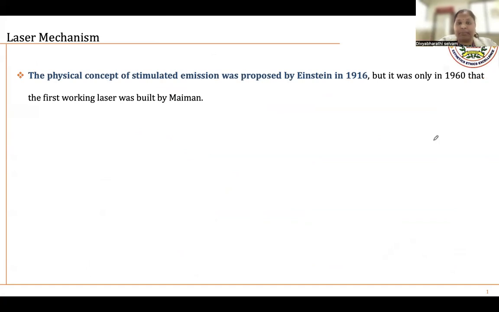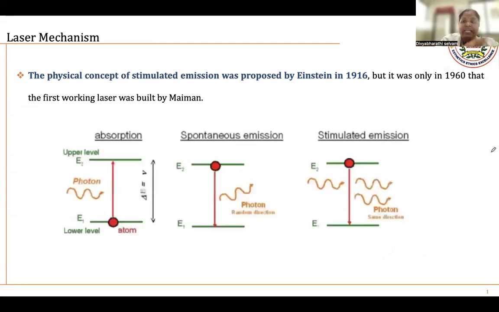So how does this laser work? The physical concept of stimulated emission was proposed by Einstein in 1916, but it was only in the 1960s that the first working laser was developed by Maiman. So these are the three principles you need to know: absorption, spontaneous emission, and stimulated emission. In absorption, the child will take the energy. I'll give you an example of a child with a chocolate.